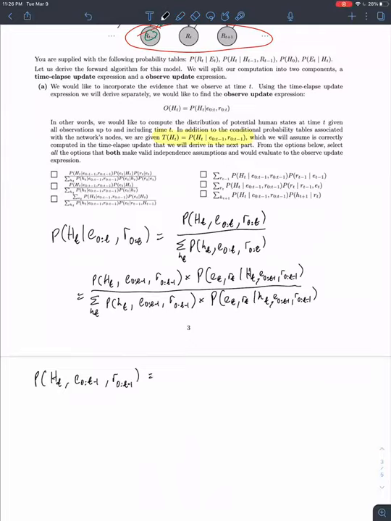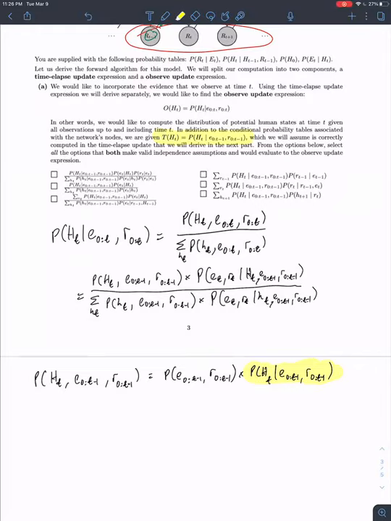It's the probability of E0 to t-1 and R0 to t-1 times the probability of big H at time t, given E0 to t-1 and R0 to t-1. So this term right here is our capital T. So it's good, we somehow worked that in.